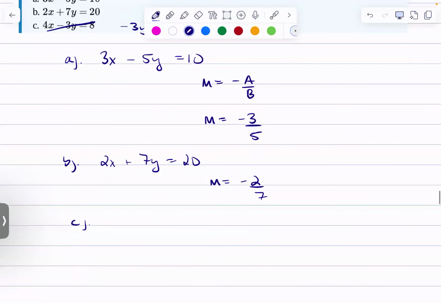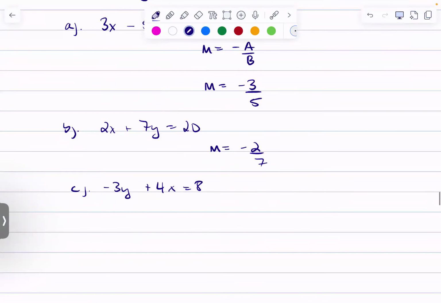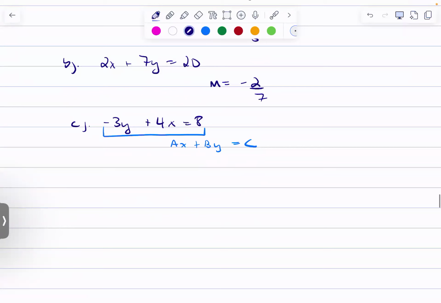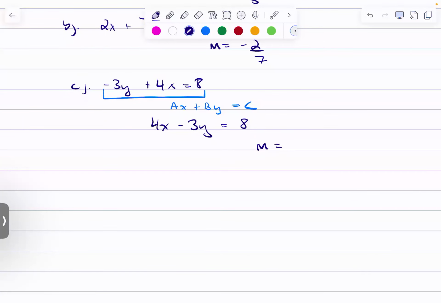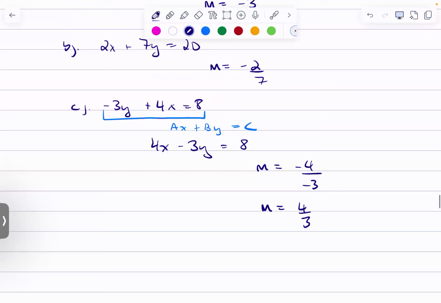Just for practice, even though I kind of gave it to you already. This needs to be in ax plus by is equal to c form, which means you get 4x minus 3y is equal to 8. And then the slope is -4/-3, or just 4/3.